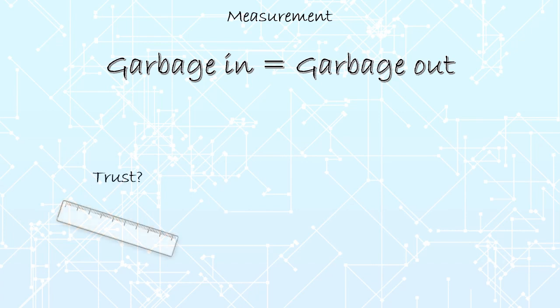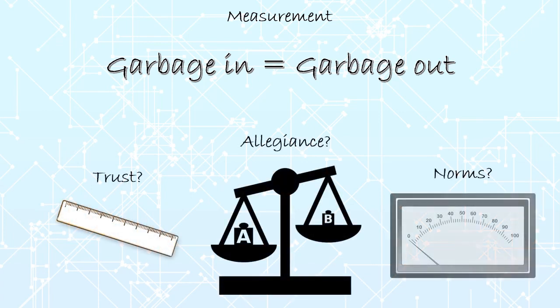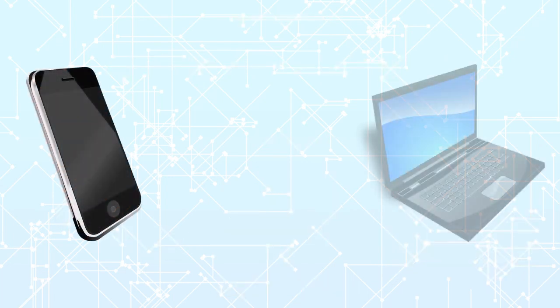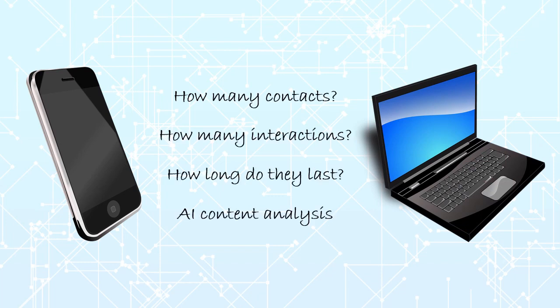Social assets like trust, allegiance and norms are intangible, and there are no standards or instruments for measuring them. Increasingly, data from telephony and the internet helps with structure and interaction measurement, and artificial intelligence can analyse the content of communication for keywords and phrases and infer the strength of a relationship.